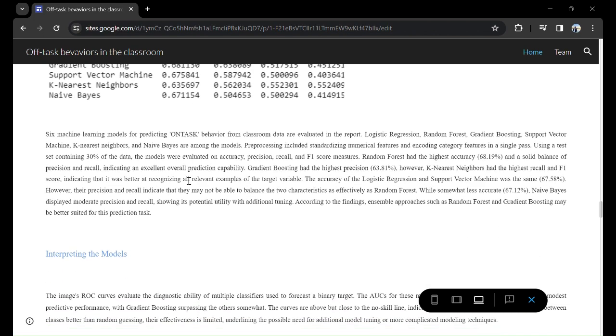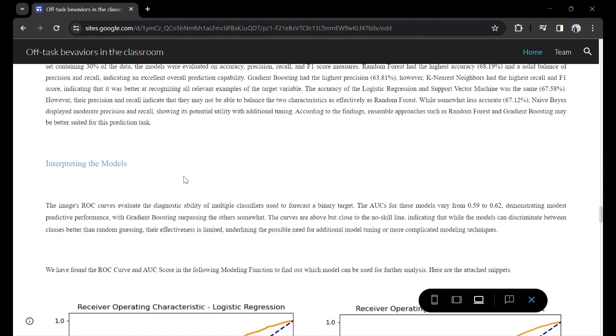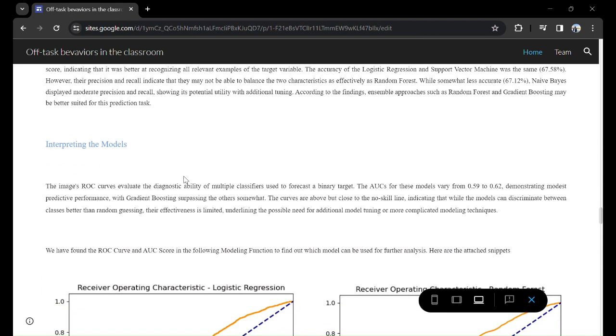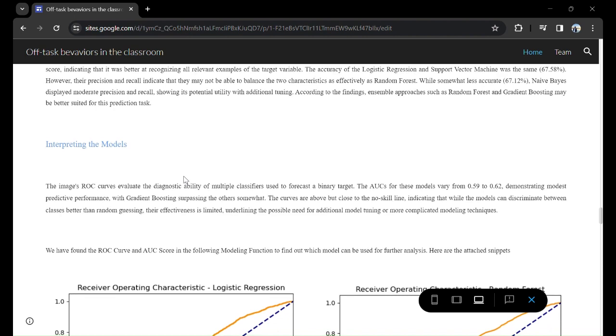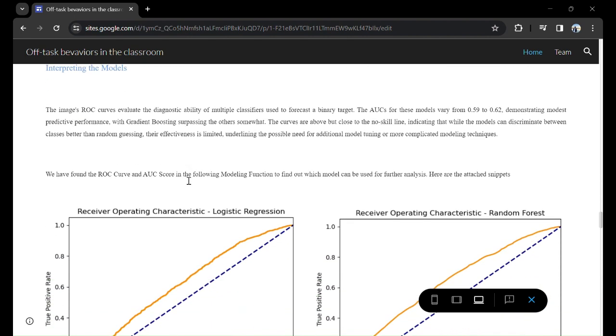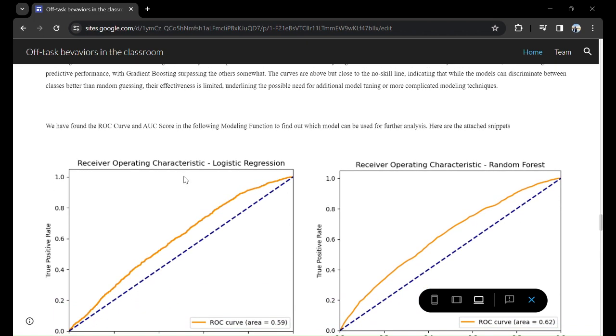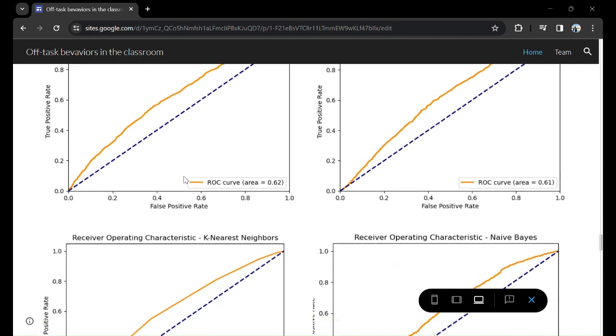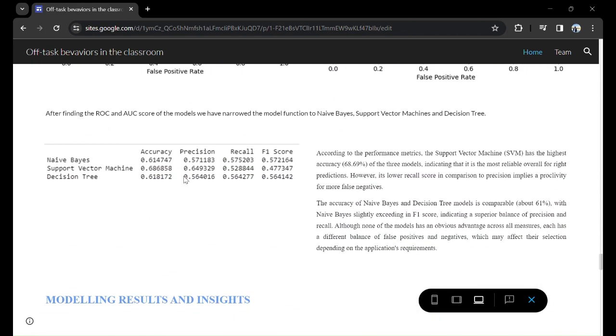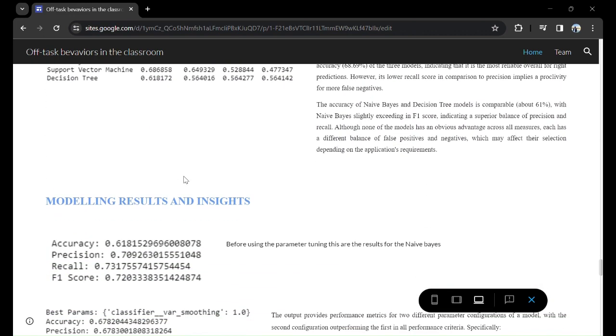And coming to interpreting models, we have used ROC curves and the AUC score to determine which model can be used for further analysis, where we have attached the snippets. And Jairaj will continue from modeling, results and insights.